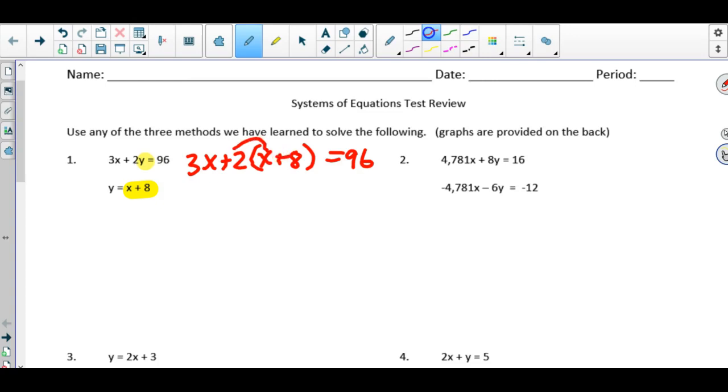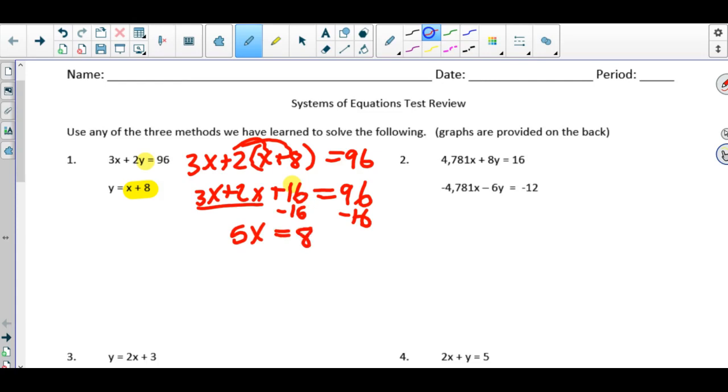So, distribute 2x plus 16, carry down the 3x, equals 96. Combine like terms, we have 5x. I'm going to go ahead and minus 16 to both sides, and we get 5x equals 80. When you divide by 5, you get x equals 16.